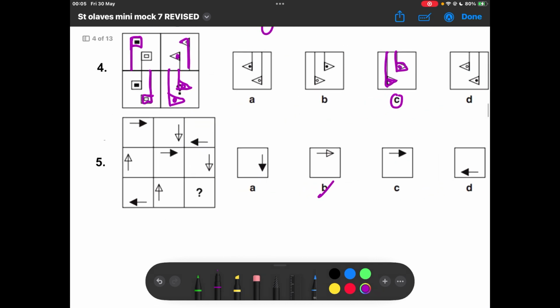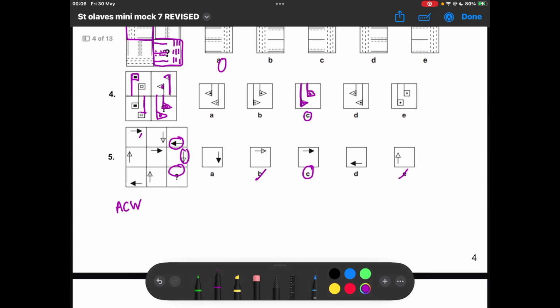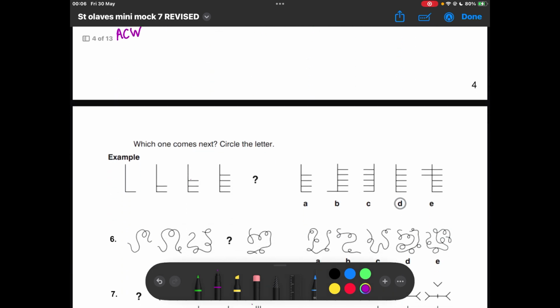Also, the position of the arrow goes around the side anti-clockwise as you go down. So it was here, then it's here, that means here it's going to be on the top, leaving us with the answer, which is C. Because that arrow needs to be at the top, because it's moving around the sides of the square anti-clockwise.